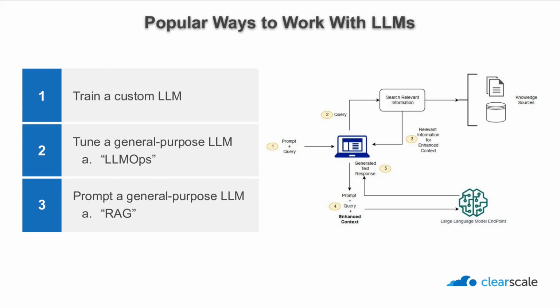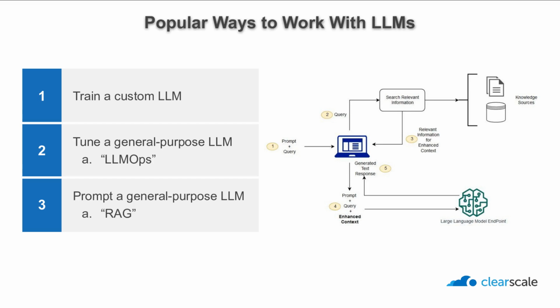Specifically, if you look at the right side of the screen, you'll see a little diagram there. This is what is known as retrieval augmented generation, or RAG. When you do retrieval augmented generation, you're essentially having a prompt that is part of the process, and you're using a query. So you could be asking a question, commanding a response, whatever it is that you want the LLM to do.